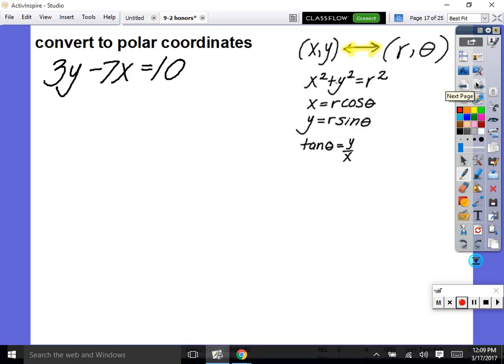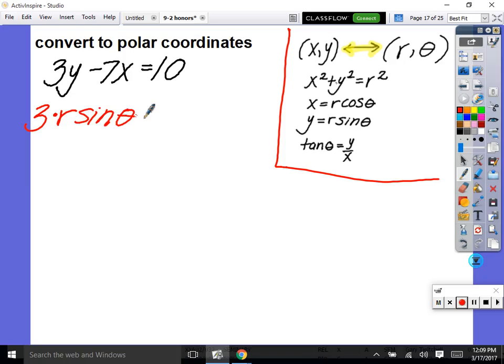So you've got to look at it and say, how can I manipulate it? Remember our little basket of goodies that we can use? So we have 3, and then instead of y, we want theta. So we'll have 3 times r sine theta, and then minus 7 times r cosine theta equals 10.